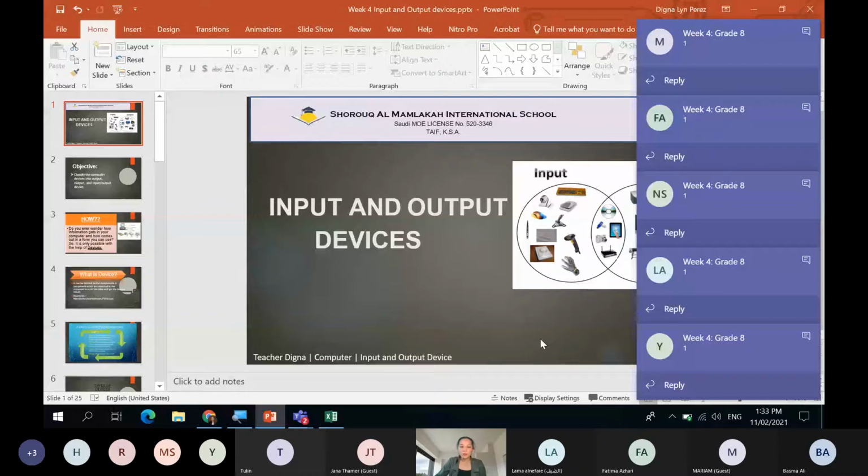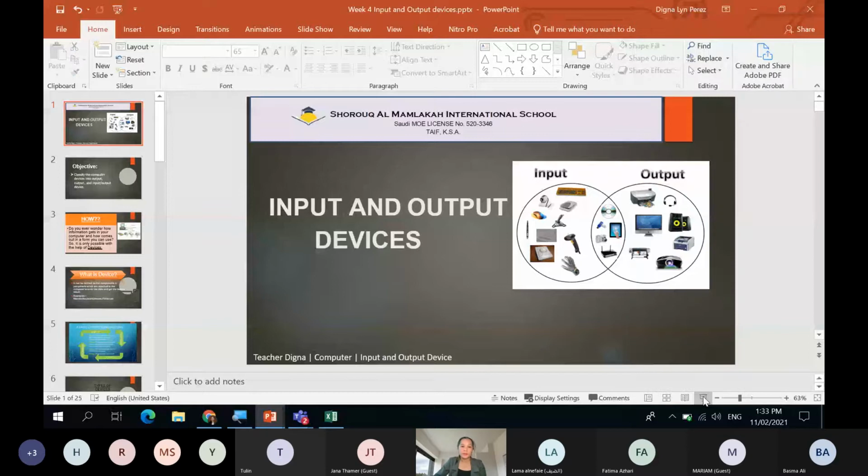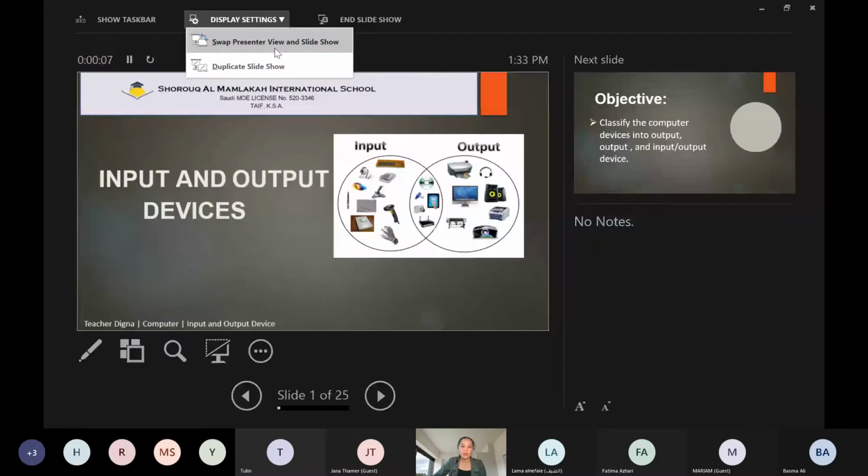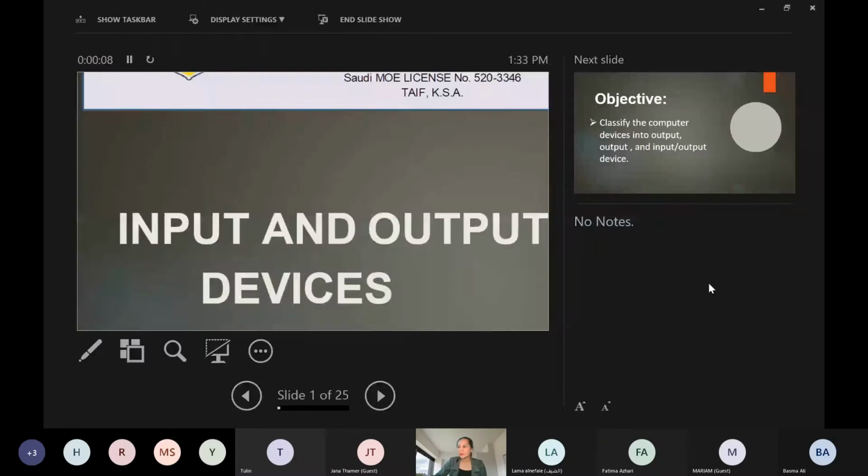Can you see my screen now? Yes. Okay, thank you. Just one test. I'm using my second screen.